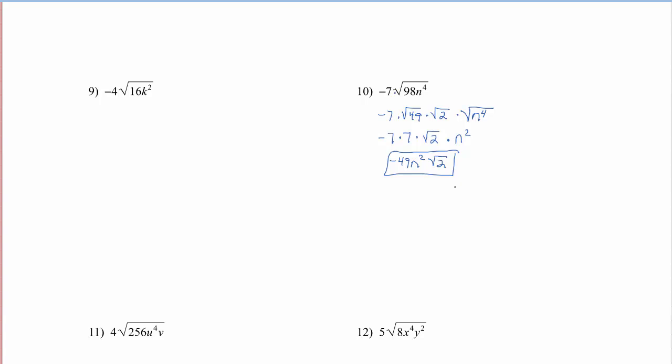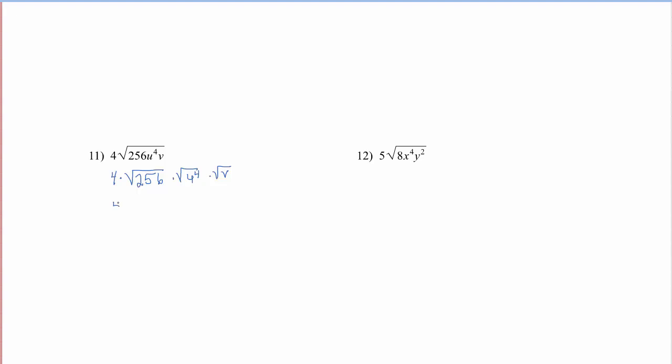The last one we're going to take a look at is this one down here, because it's a large number. The great news about it is 256 is a nice perfect square. We have 4 times the square root of 256, u to the fourth is a perfect square, and v is not, so that's in by itself.